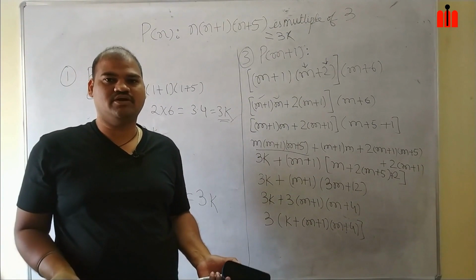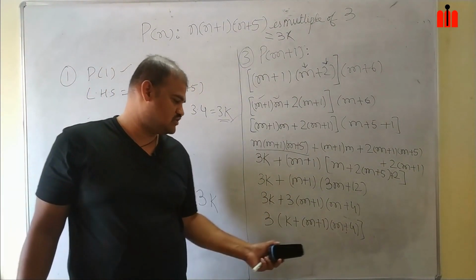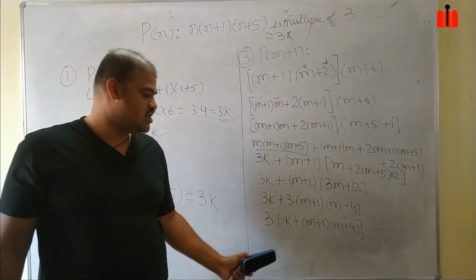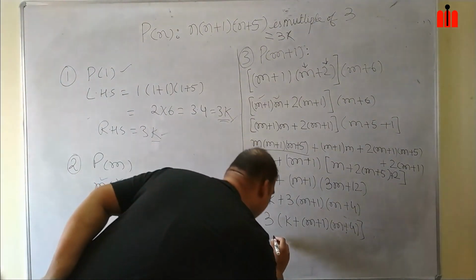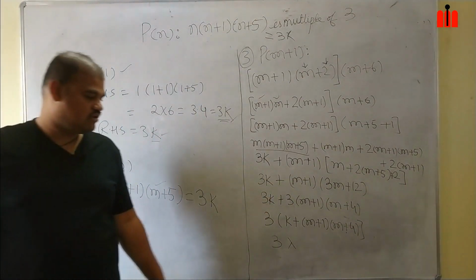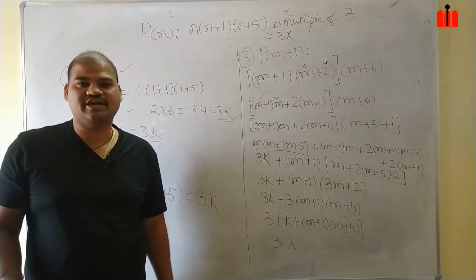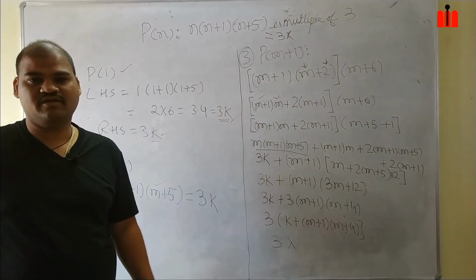It is a natural number, where n belongs to natural numbers. So m also should belong to natural numbers, and k is also a natural number. So this entire thing I will take as lambda, then it is in the form of 3 lambda. Once it is in the form of 3 lambda, that means Pm plus 1 is divisible by 3.